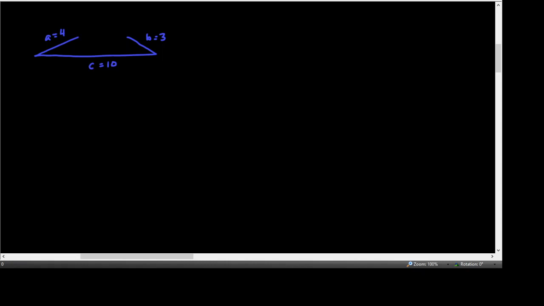All right, so we're going to talk now about the law of cosines, which is the other major tool used to solve triangles when they are oblique and don't fit one of the categories we've already talked about.